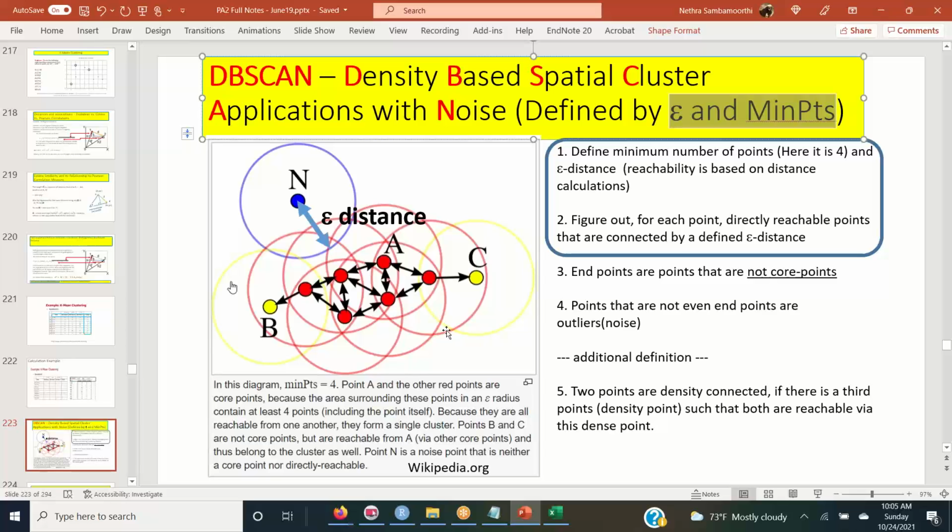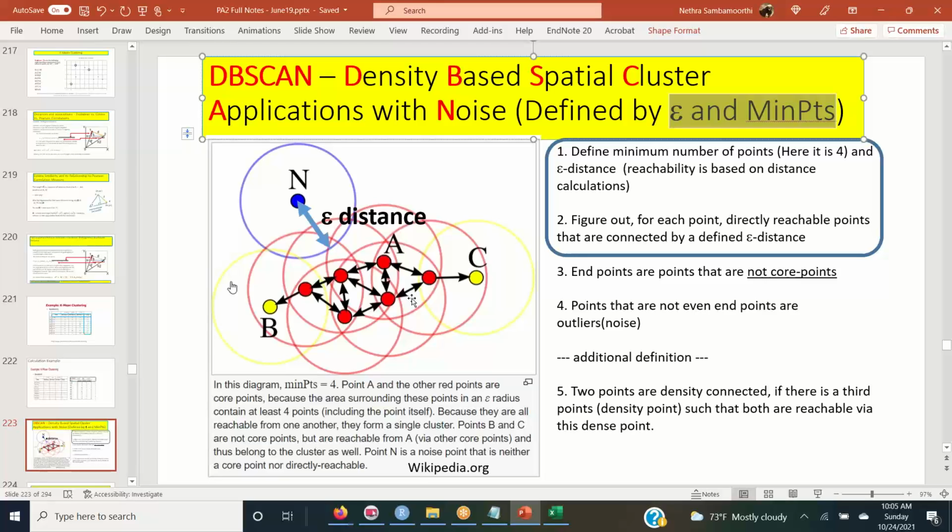So here is a circle I constructed with the epsilon unit. Let's say this is epsilon unit radius. I move around this page, and everywhere as I center around and move around, it should contain a minimum of 4 points. Then it is called an interior point for the cluster.